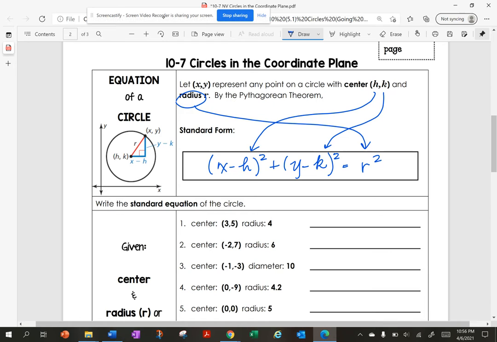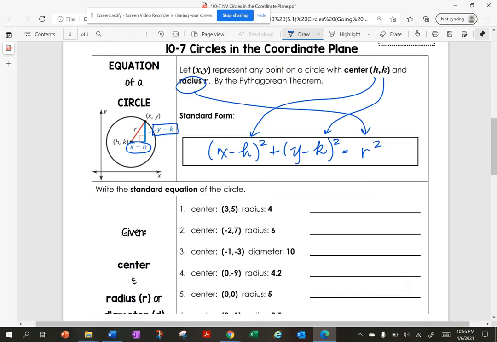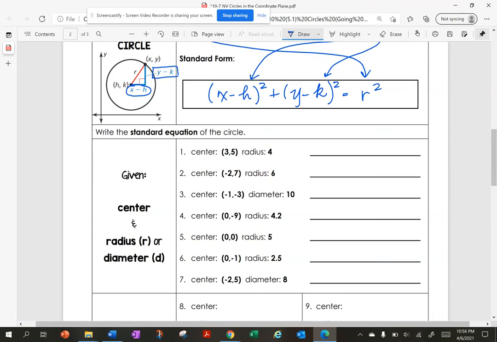Okay, so if I'm looking at the equation of a circle here, the horizontal value is the x minus h, and the vertical is the y minus k. Okay, so let's write the equation of a circle where I give you either the radius or the diameter.